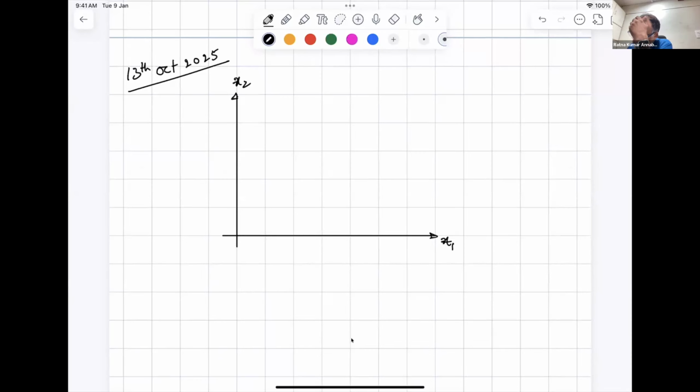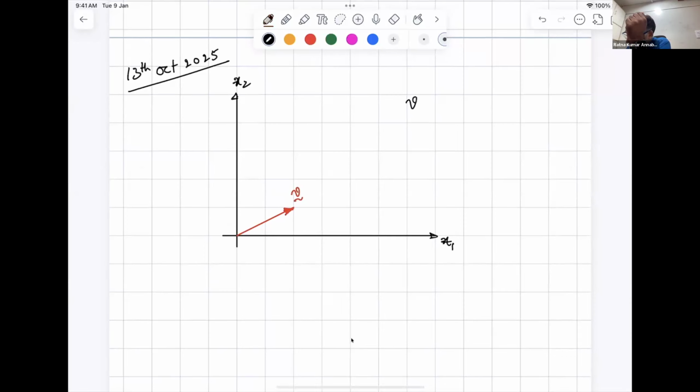Now in that, I am representing a vector. This is the vector that I am talking about. Let's call this vector v.